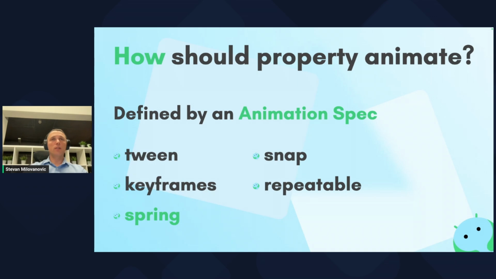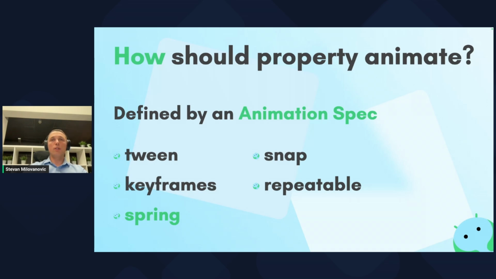And the last duration-based animation spec is keyframes spec, which animates based on the snapshot values. It's similar to tween animation, but it gives you more control over the animation.